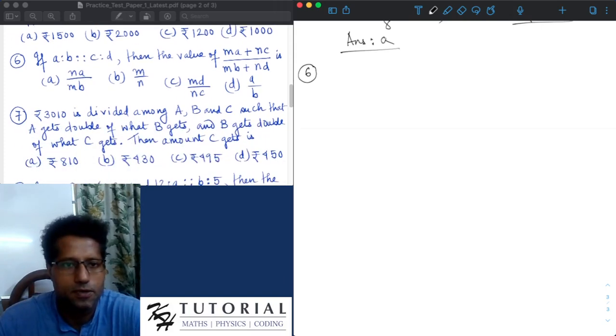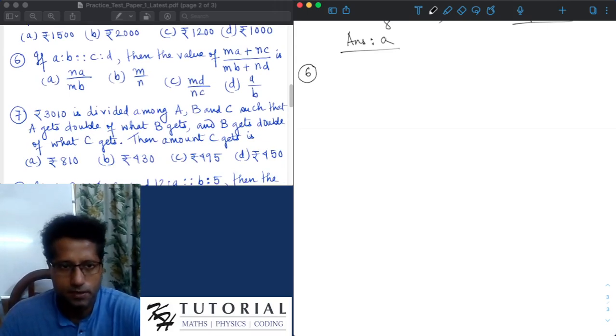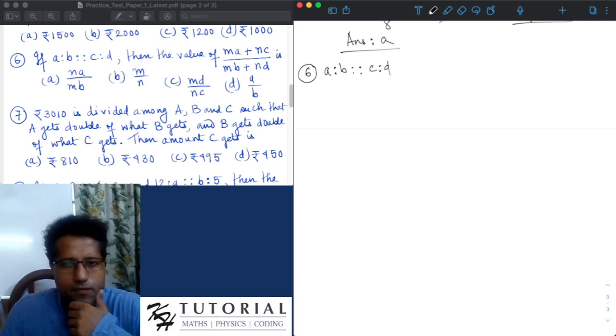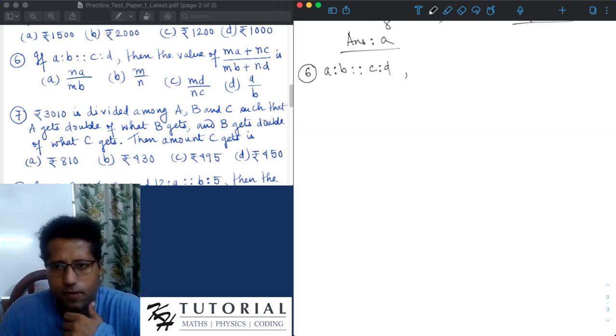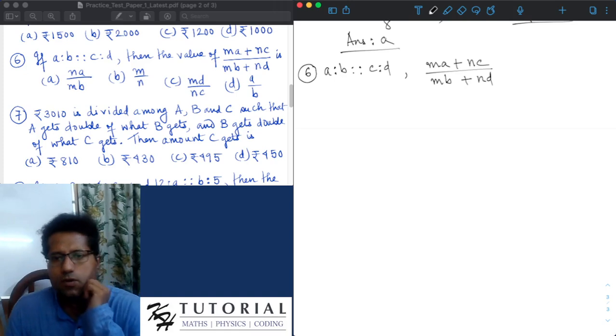Problem number 6 says that if A is to B is in proportion with C is to D, then it has asked the value of (MA plus NC) divided by (MB plus ND).